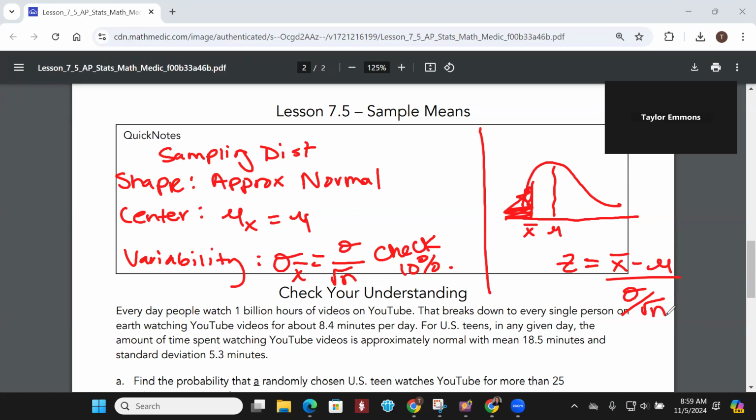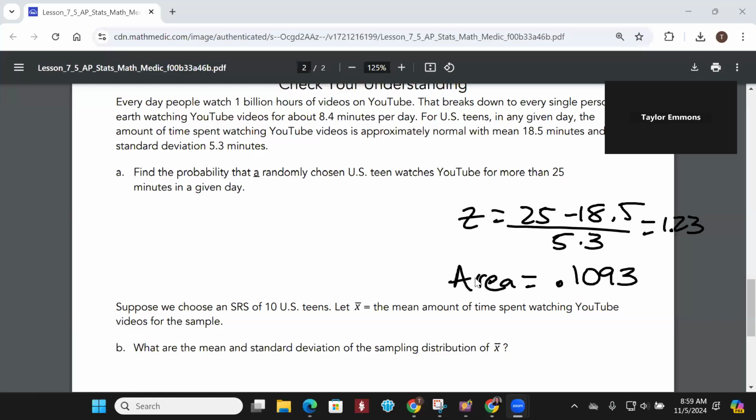I would try A, B, and C, and I'm going to put the answers on here in just a second. All right, so for part A, you should have gotten z is 1.23, and so your area is 0.1093. Remember, we want to draw the curve. We're saying more than 25, and our mean was 18.5. For B, what's the mean and the standard deviation?